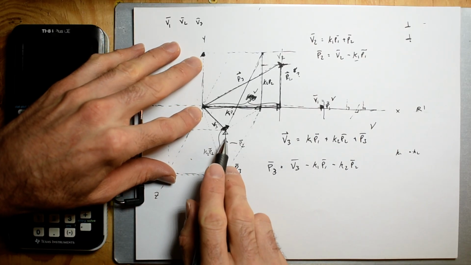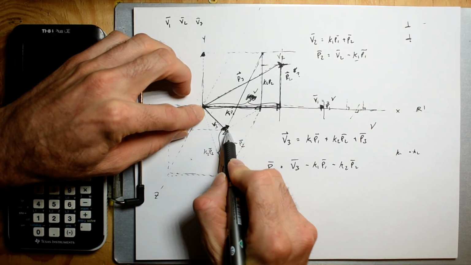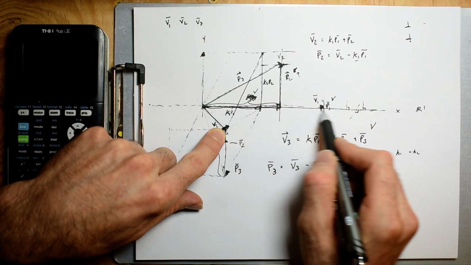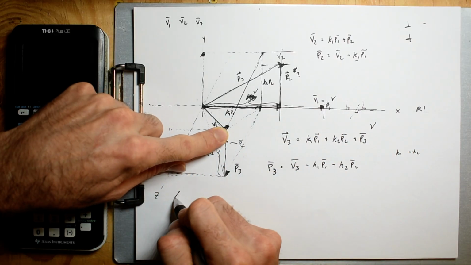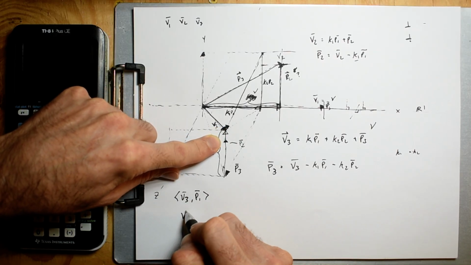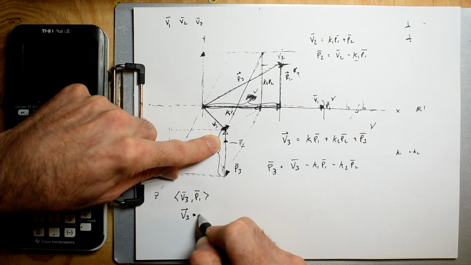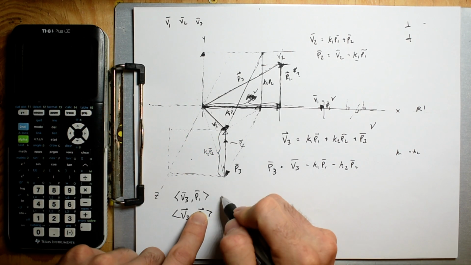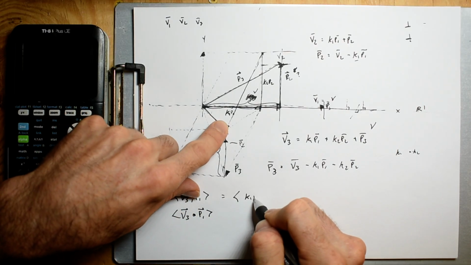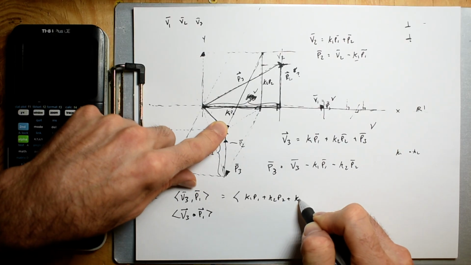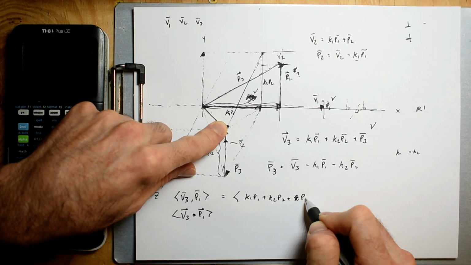We're going to take the dot product of V3, and we're going to dot it with this P1. So we're going to do the dot product, V3, P1. We write it like this. You might be more familiar with it like that. But what happens is we're going to say V3 is actually K1 P1 plus K2 P2 plus P3.